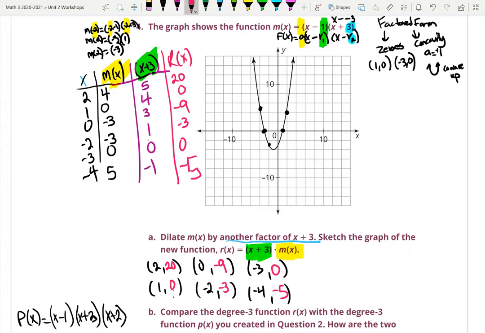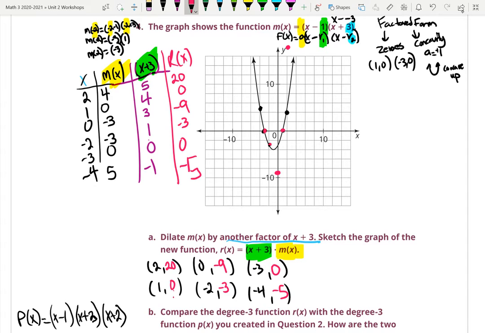Okay, I'm going to graph these guys. So let's go ahead and start. 2, 20. So my graph is going to be way up here. 1, 0. Notice how it's the same from the original. Then it goes 0, negative 9, the y-intercept. Then I'm going to go to negative 2, negative 3. Then I'm going to go to negative 3, 0.